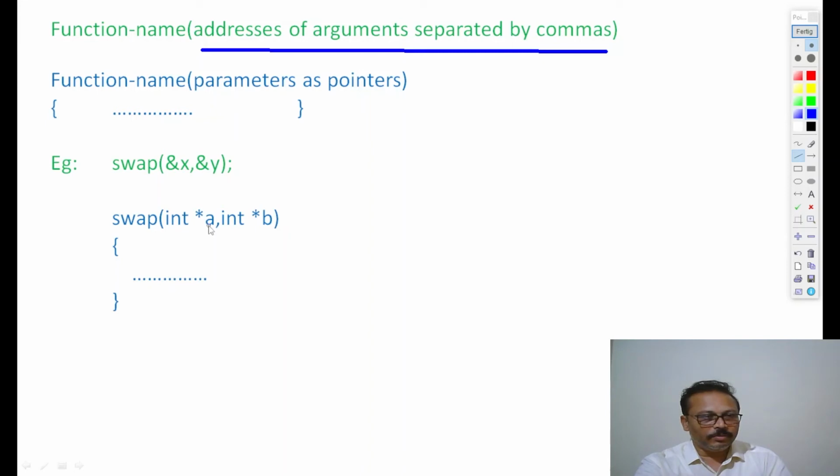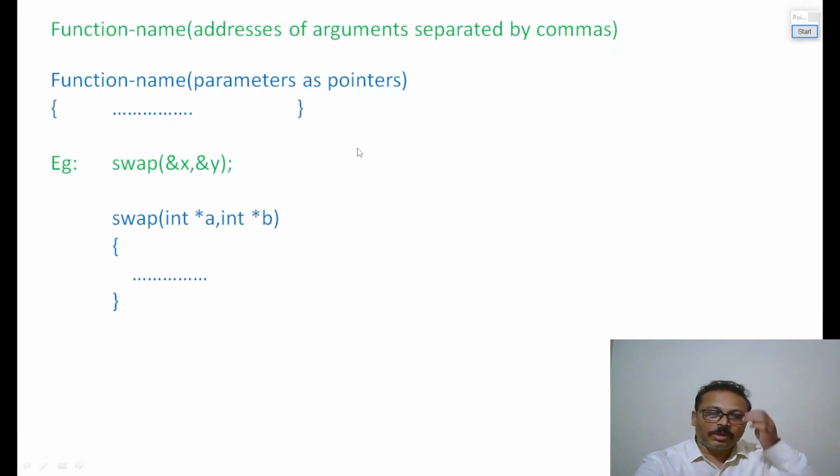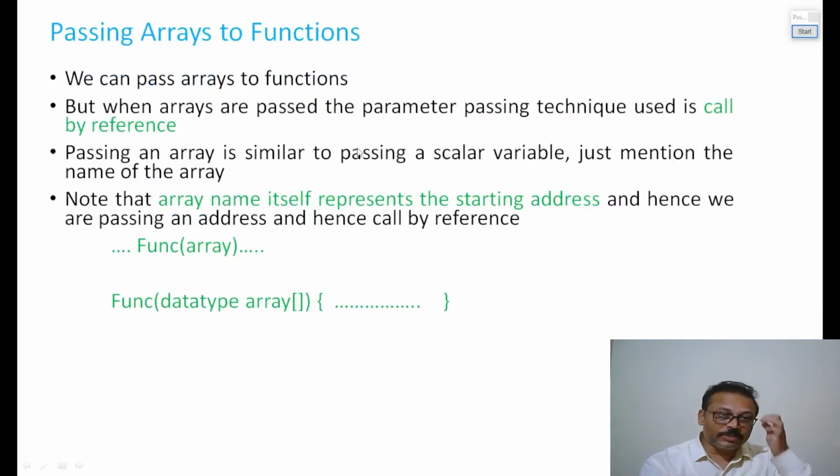And within the function definition, you have to declare them as pointers. The parameters here are not int a comma int b, but int star a comma int star b. If we do it like this, the arguments are passed by call by reference.